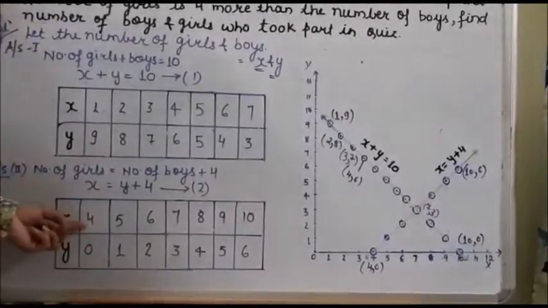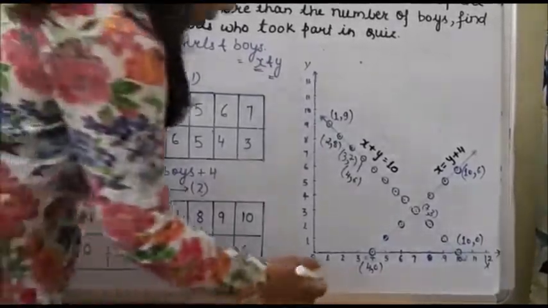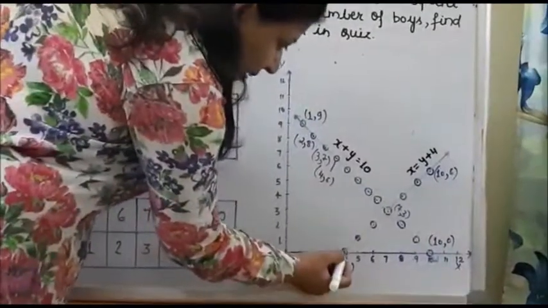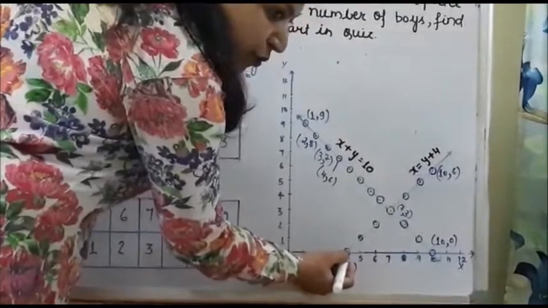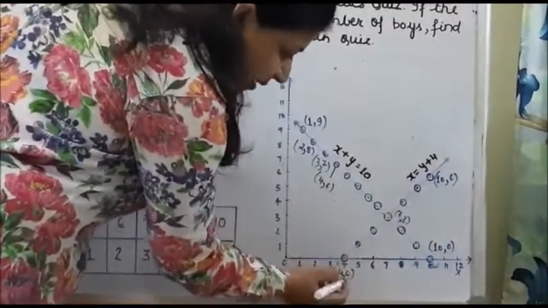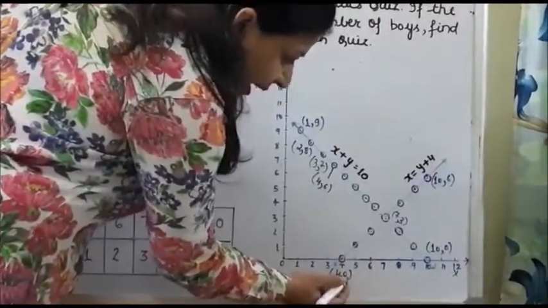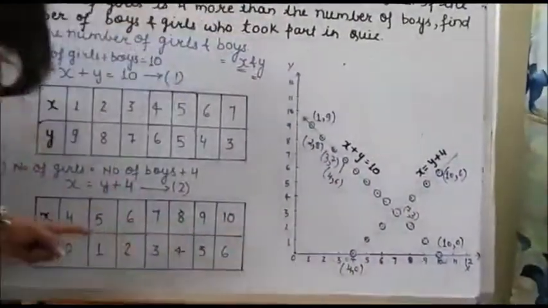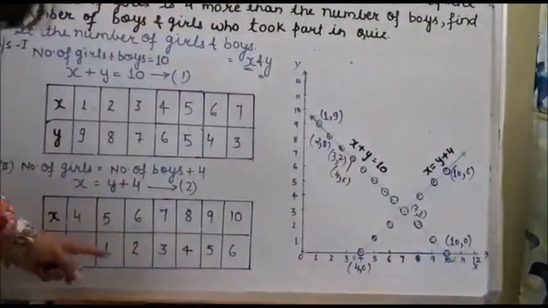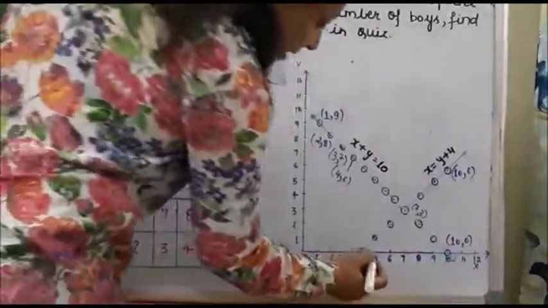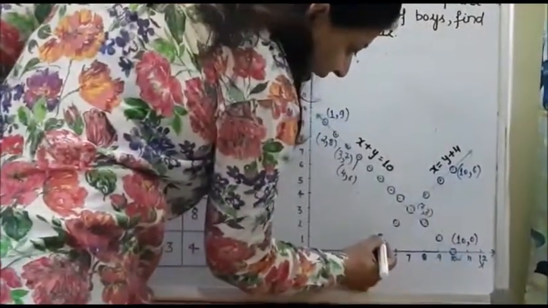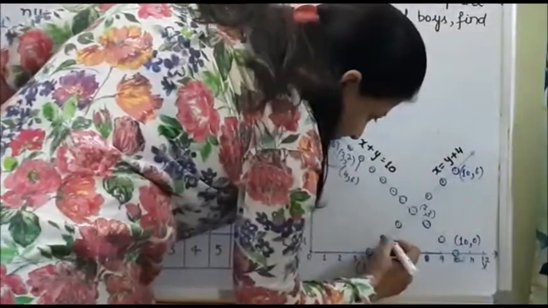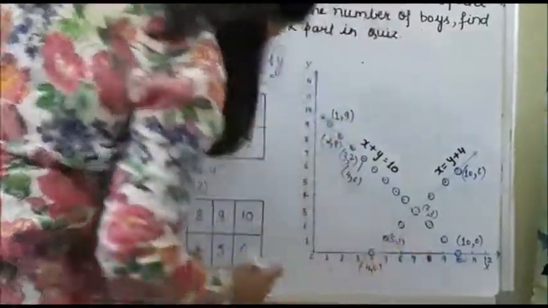Now, x is equal to 4 and y is equal to 0 means on x-axis. So, my point is 4 and 0. Now, my second point is 5 and 1. So, x-axis 5 and y-axis 1. So, this is my 5, 1.